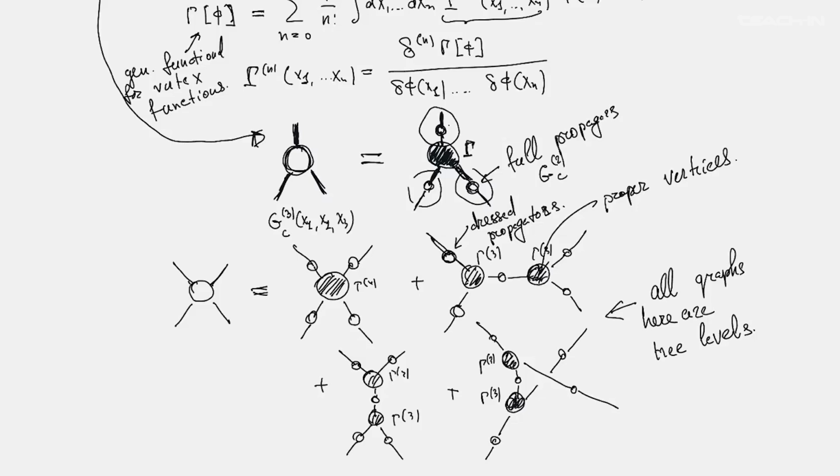So this means that the whole idea of further renormalization of the theory, in other words, of making the theory finite at any given order of perturbation theory, gets shifted to the renormalization of proper vertices and dressed propagators. And these proper vertices are nothing else than one particle irreducible amputated n-point functions.